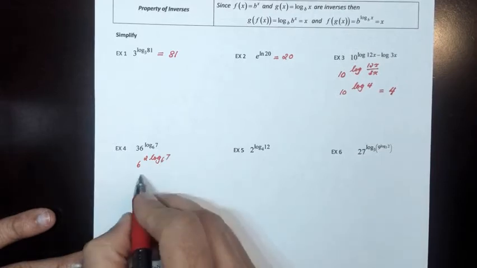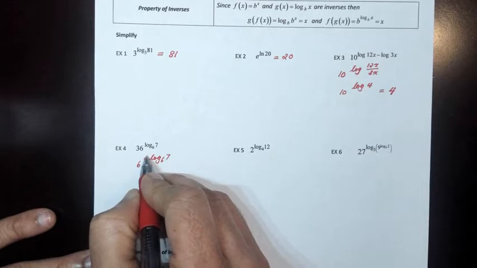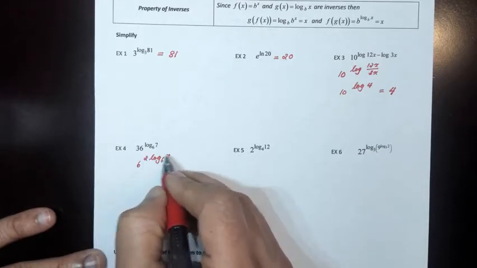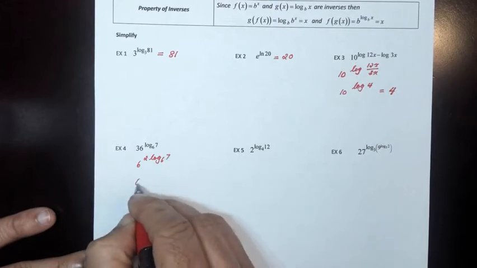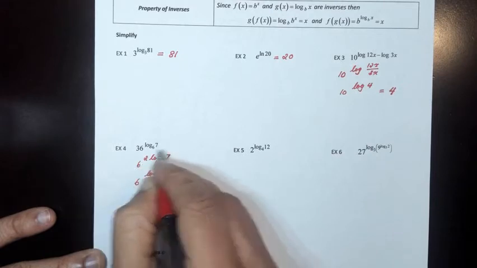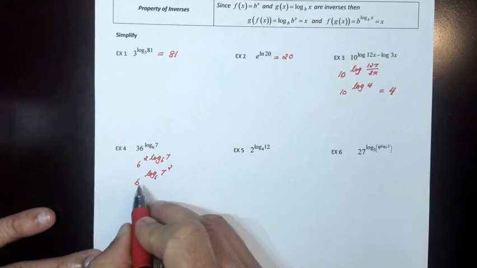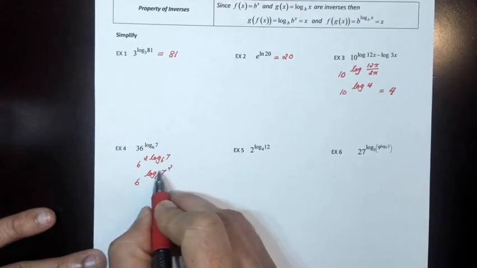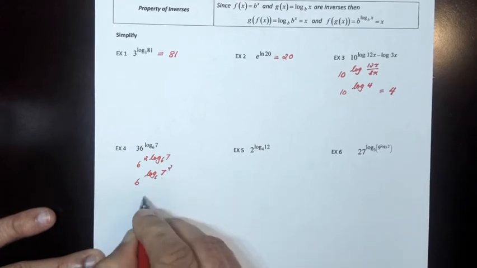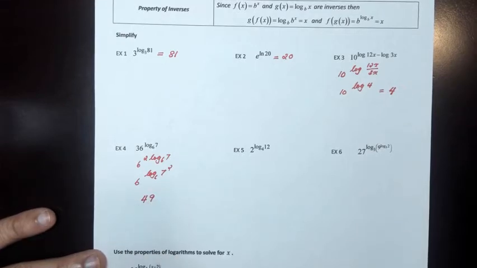Now we are applying one of the power rules from the previous set of properties. So move that 2 over here. So that's going to be 6 to the power of log 7, that 2 goes up on the top, base of 6. So since we know both these bases are same, the answer is going to be 7 squared, which is 49.